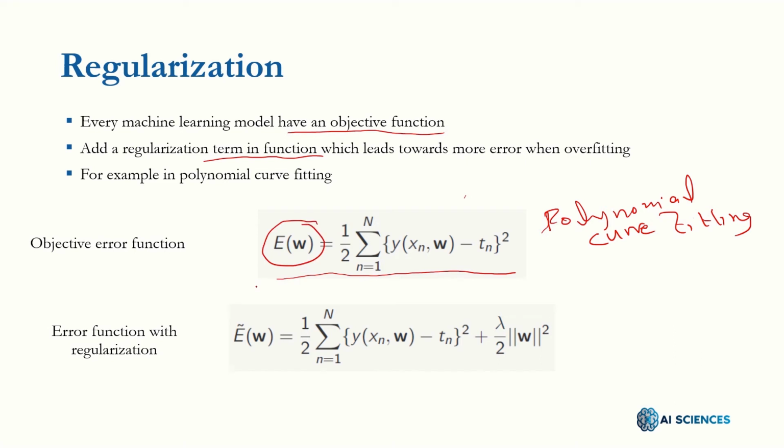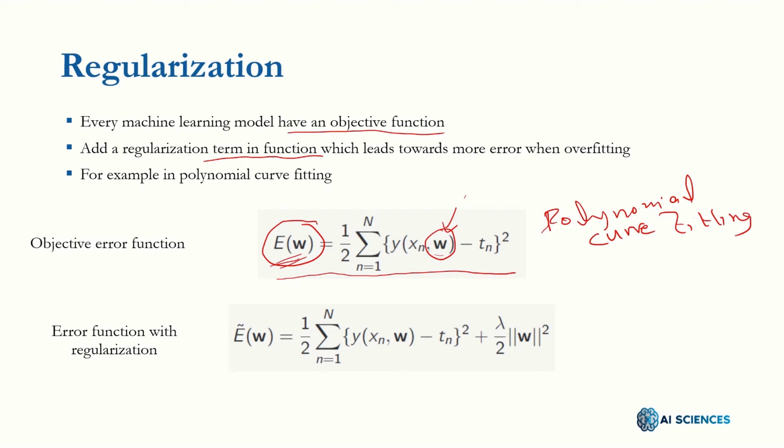So obviously we want to reduce the error. Here's the objective: we want to find such a vector W which reduces the error.